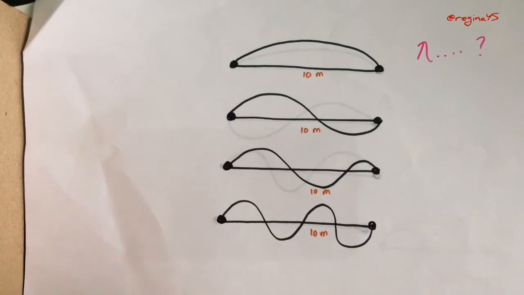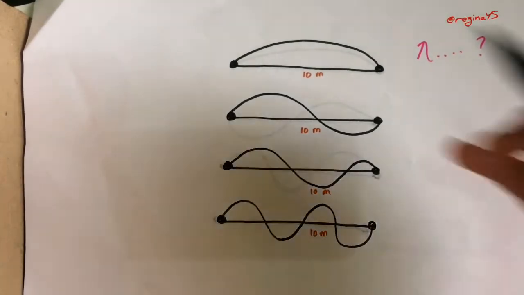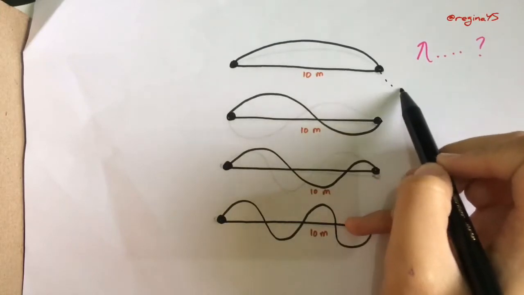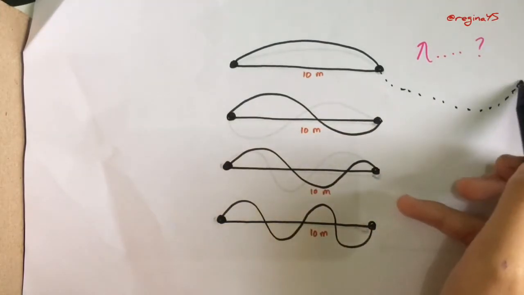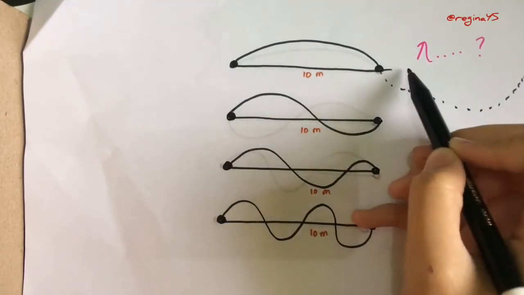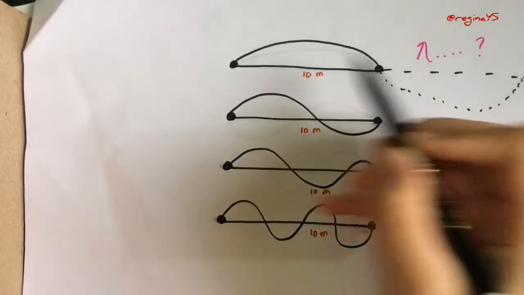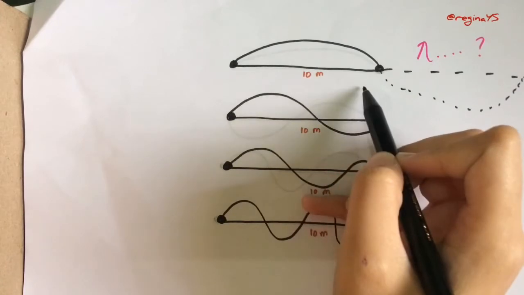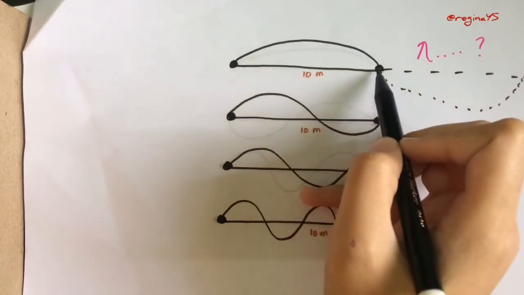Remember, one wavelength has to go here, all the way down here, and back up again into here. But along this string of 10 meters length, it only has half of lambda.